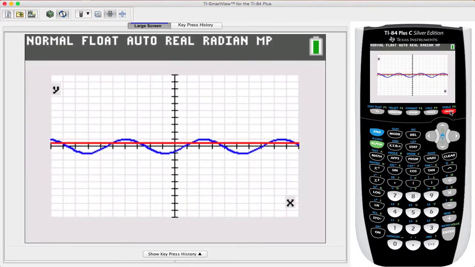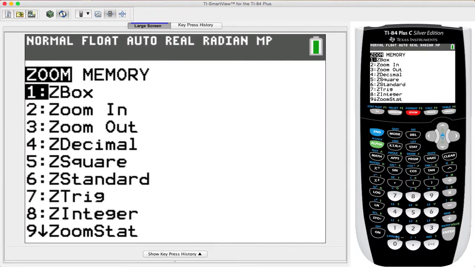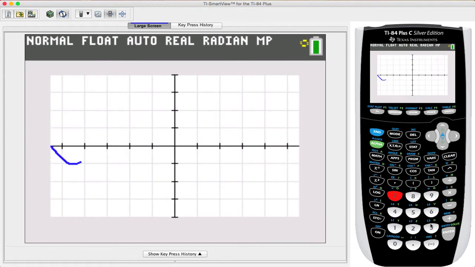Here we see a graph where the blue is the sine function, and the red is the constant of 1/2. Let's click on zoom, and then go down to 7, so we're looking at more trig friendly values on the graph. We'll let that draw itself in. Again, the blue is the sine function, and the red is the constant of 1/2.